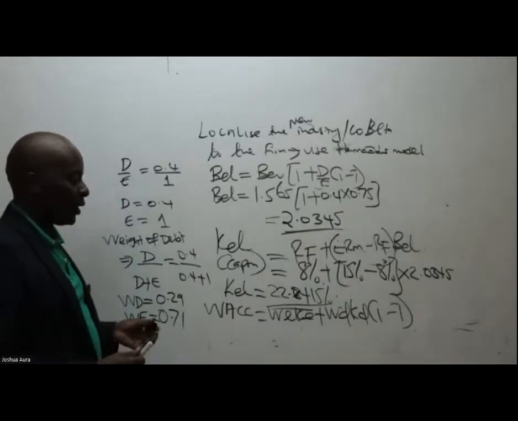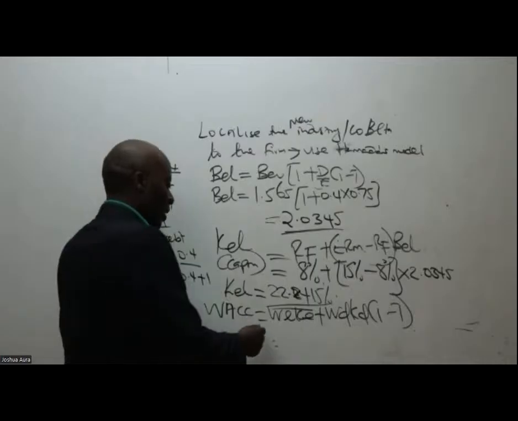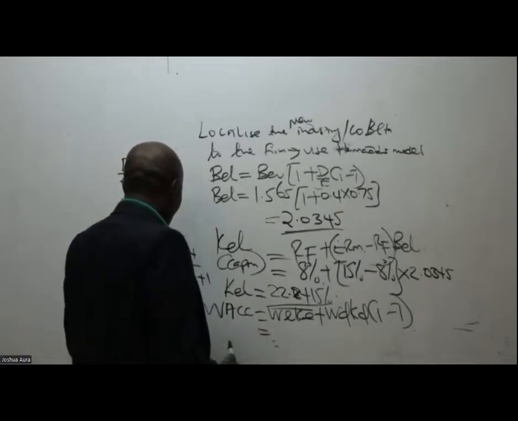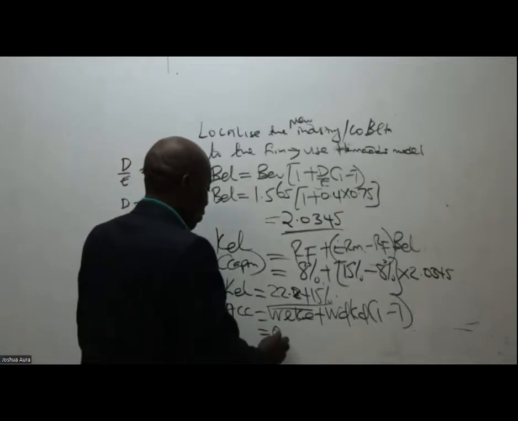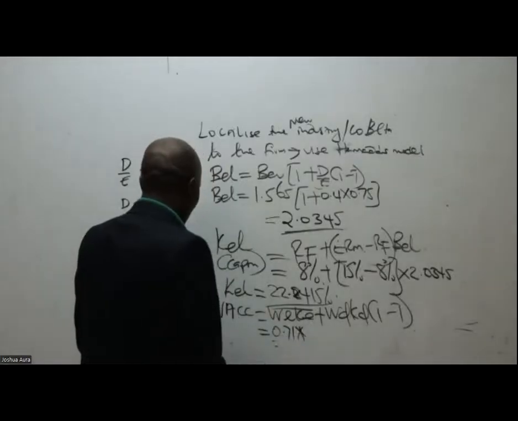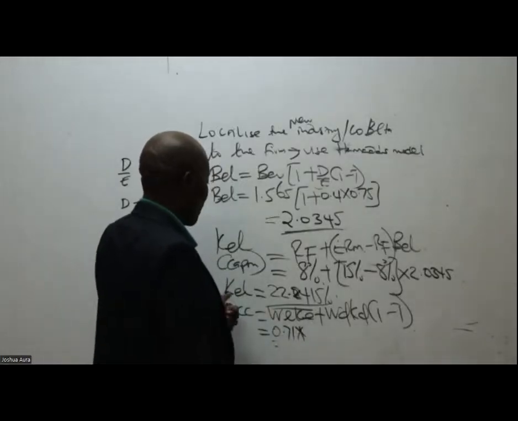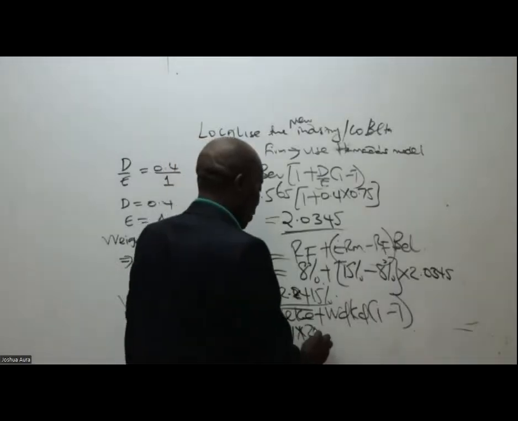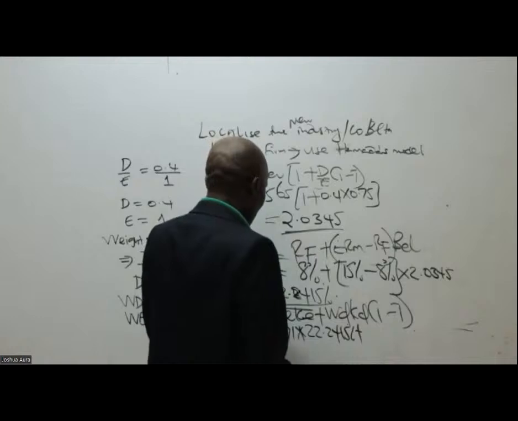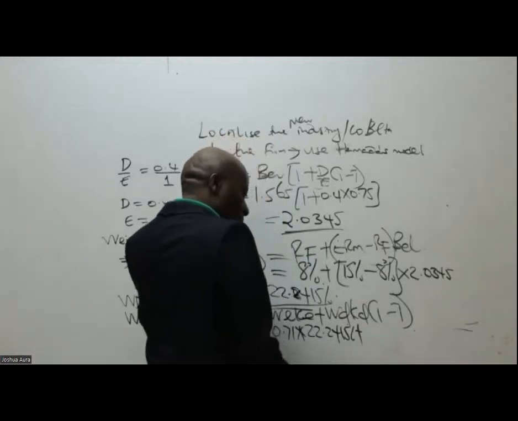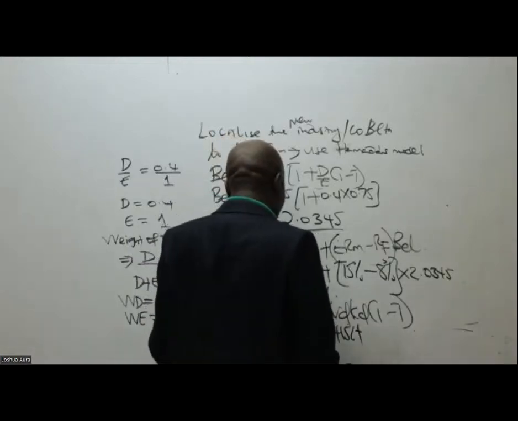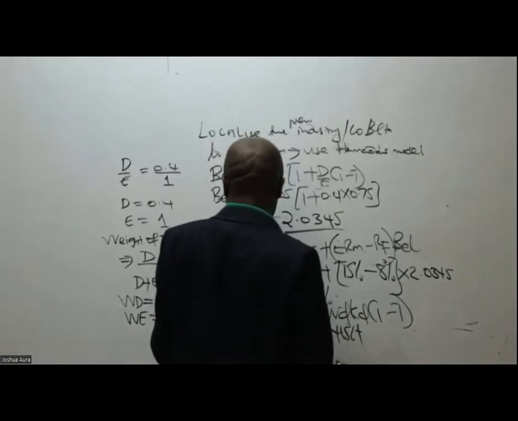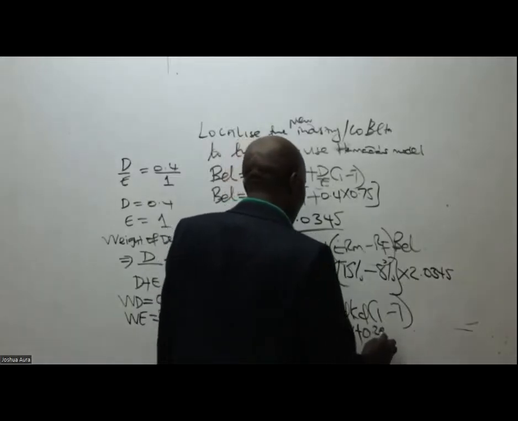So now we have everything to plug in here. Our WACC will be equal to weight of equity, which is 0.71, times cost of equity, which you had given me as 22.2415%, plus weight of debt, 0.29, times cost of debt.